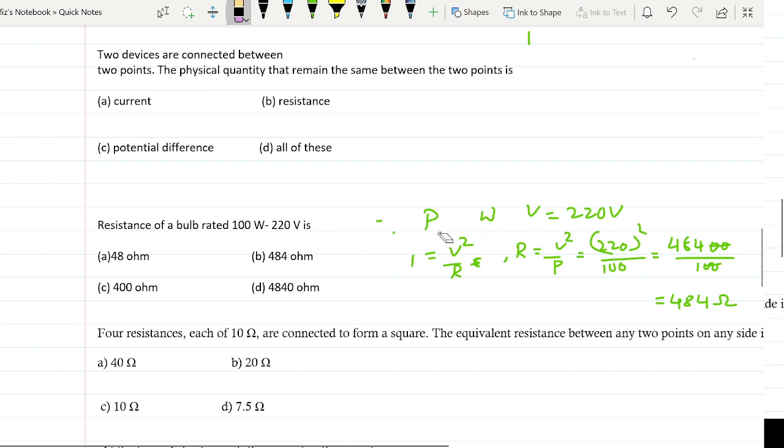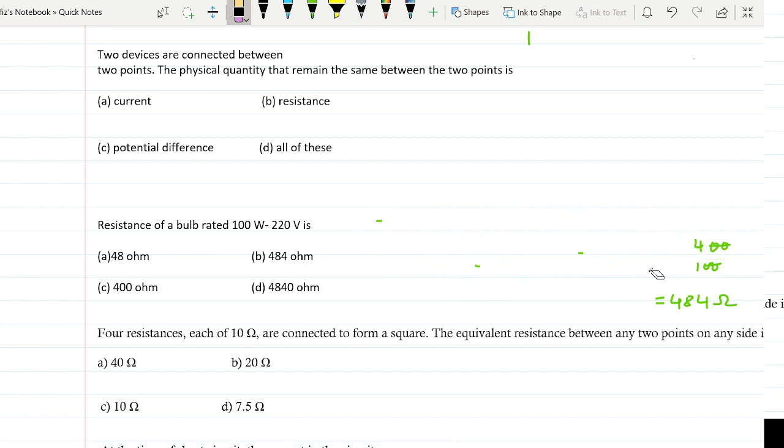Here you all try there. Moving on to the last question. Yes, and we will also have a few more videos on the other chapters as well. So last question from this one. 4 resistors each of 10 ohm are connected to form a square. The equivalent resistance between any two sides.